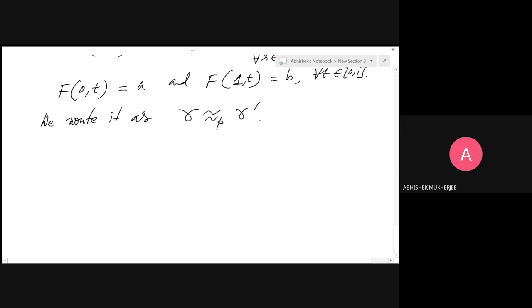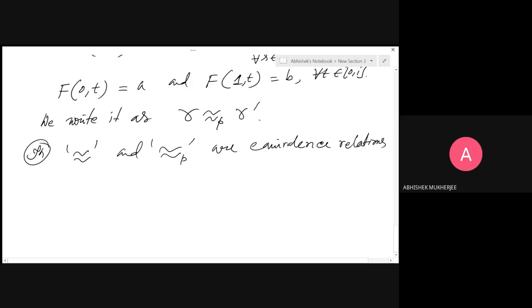And interestingly, these two facts will give you equivalence relations. That is the important basic theorem of these concepts: the homotopy and path homotopy are equivalence relations in the family of continuous maps and in the family of paths.